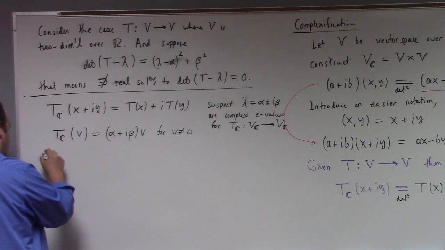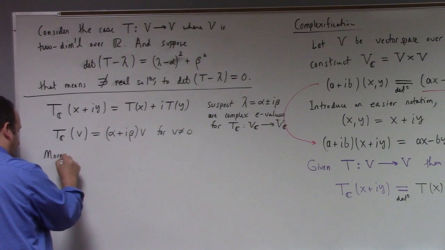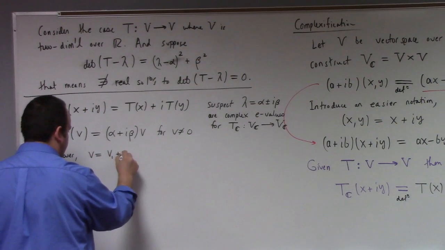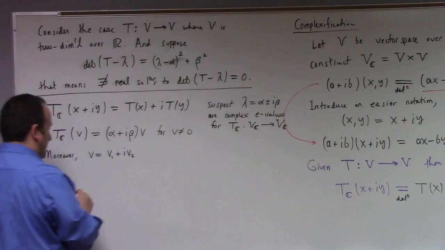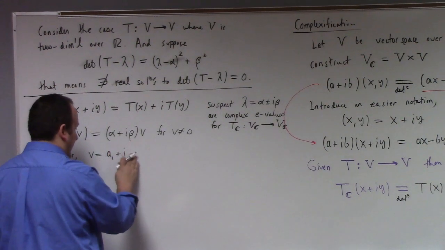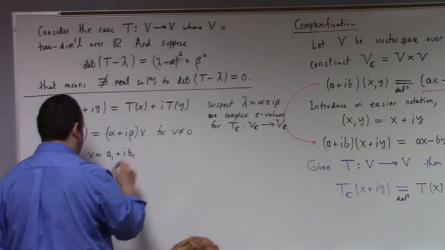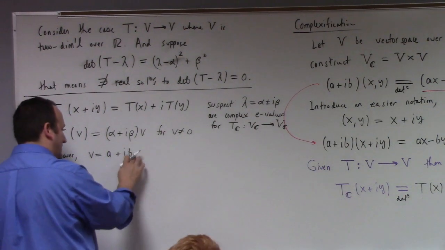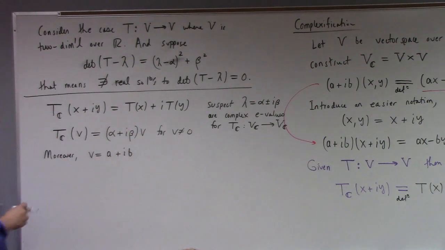Moreover, v we could write as v1 plus i v2. Actually, I'm going to use my usual notation, which is a1 plus i b1. Excuse me. A plus iB, because there's no number on the v. Later if I put a v1, then I'll have an a1 and b1 and so forth, all right? But there's no number on the v, so let me just use a plus ib.